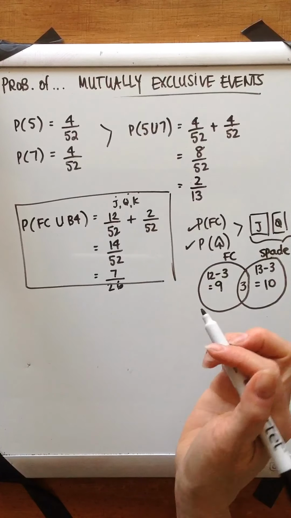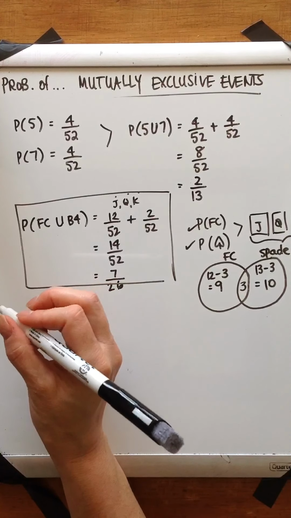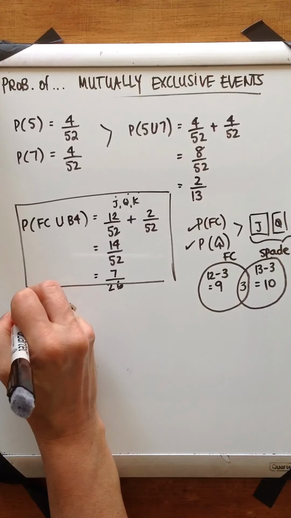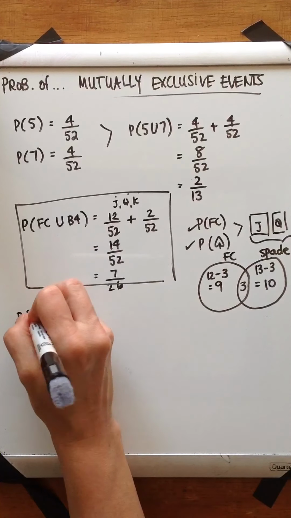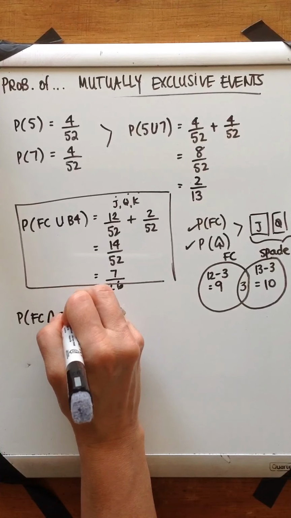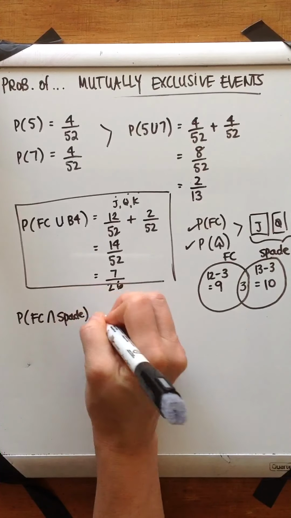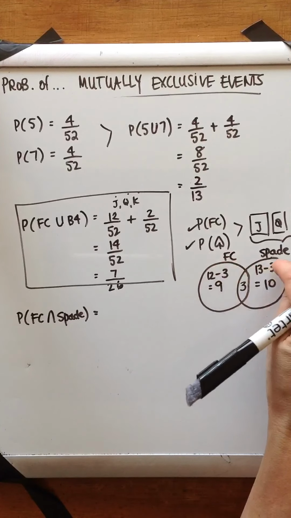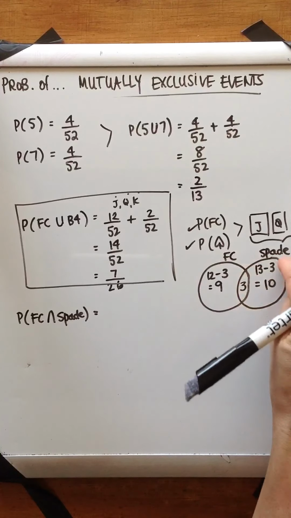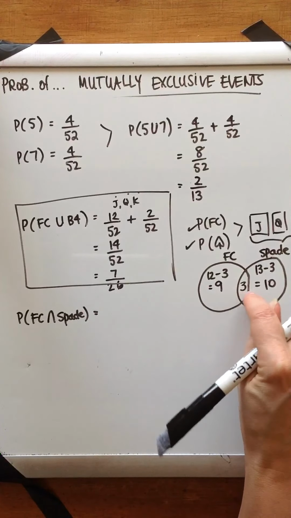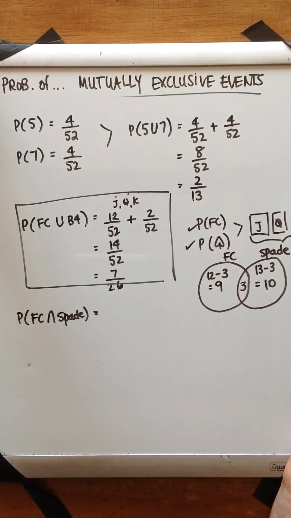We can also remember that we learned about an equation back in our combinations unit that looks something like this. The probability of a face card or a spade, where they have some overlapping qualities, is equal to the number of items in this circle plus the number of items in this circle, but then we have to take away the overlap because we don't want those to count twice, we only want them to count once.